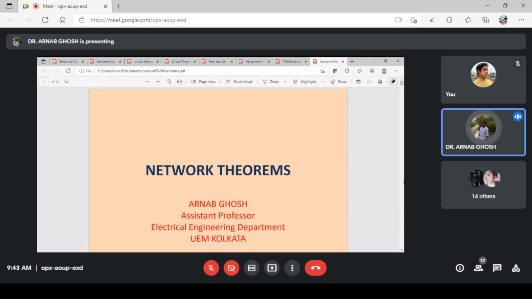So let's say you are having 3 meshes, but you are having 4 nodes, right? If you are considering one of the nodes to be the ground node or the reference node, then you are having 3 non-reference nodes. So you will have 3 equations for nodal analysis. And if you are having 3 independent loops or 3 meshes, that means you are having 3 mesh equations.